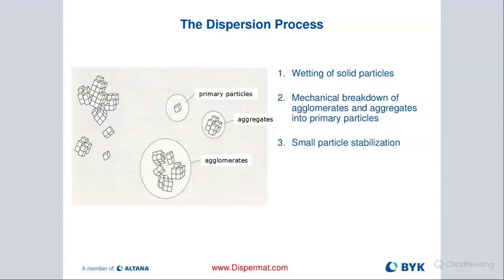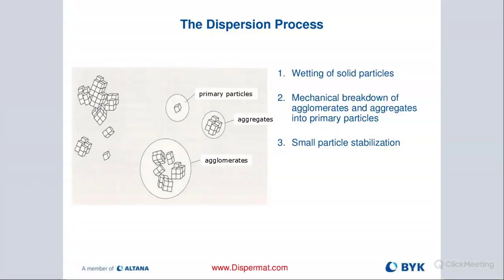So with that, let's go right into the dispersion process, what actually happens when we are dispersing. We start out with these larger particle clusters called agglomerates. Basically, these are smaller particles that are fused together by invisible binding forces, these Van der Waals forces that are holding the particles together.